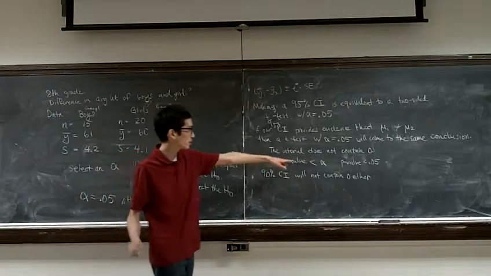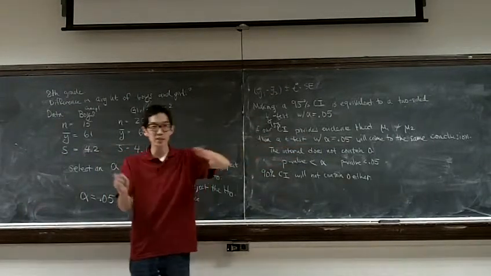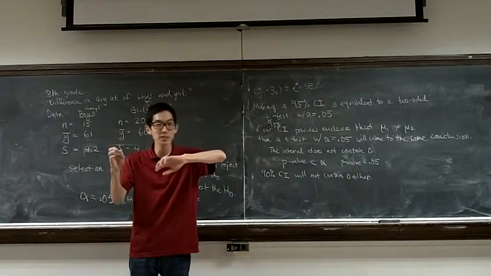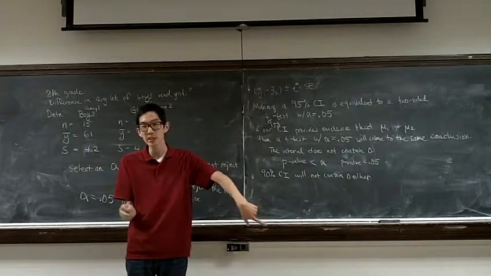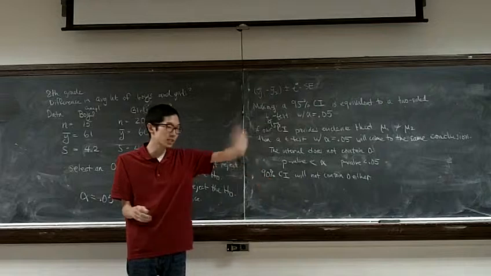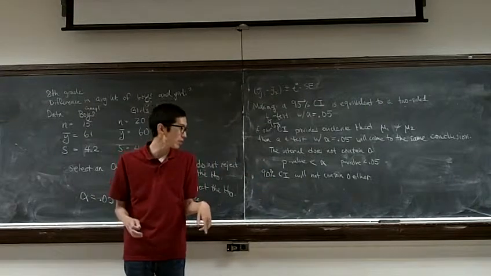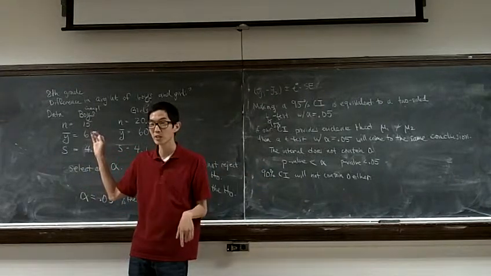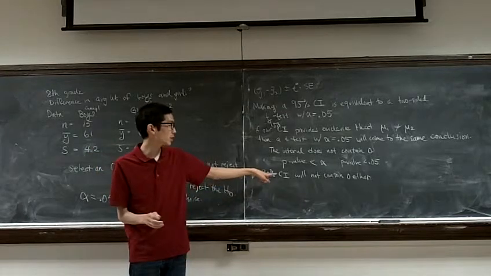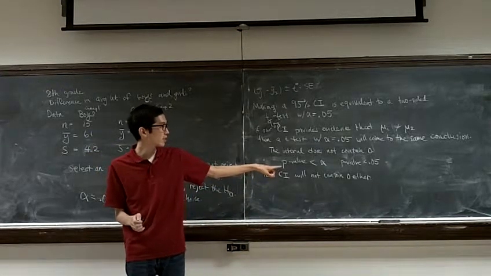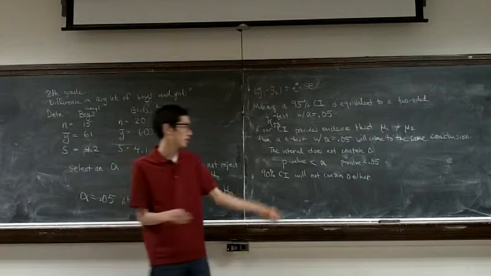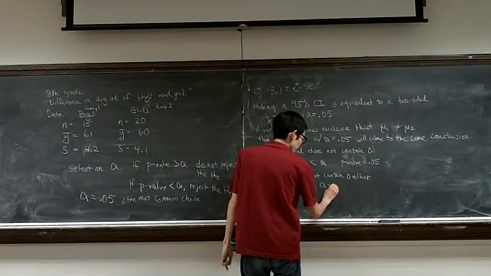Alright, what about my p-value? If I did my t-test at 0.05 and my p-value is less than that, so I rejected it, is my p-value also going to be less than 0.1? Right? A 90% confidence interval is equivalent to using alpha of 0.10.